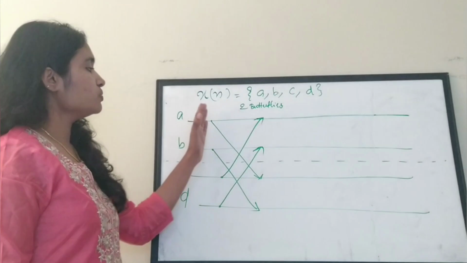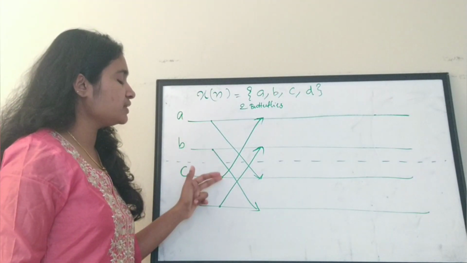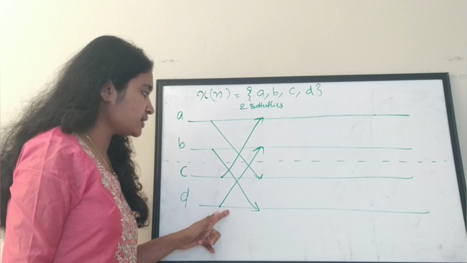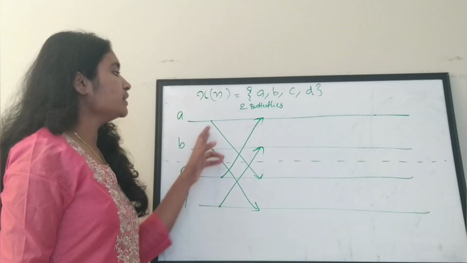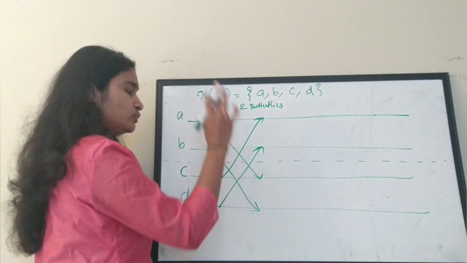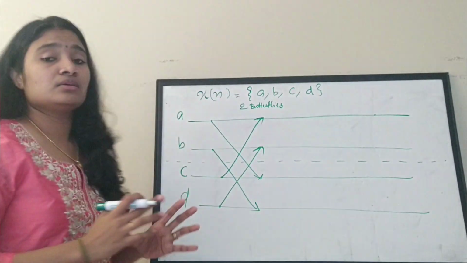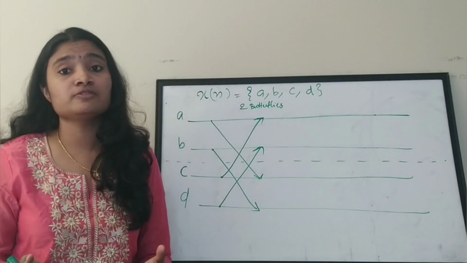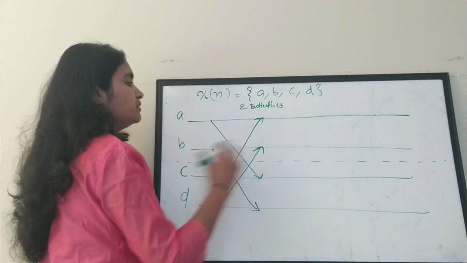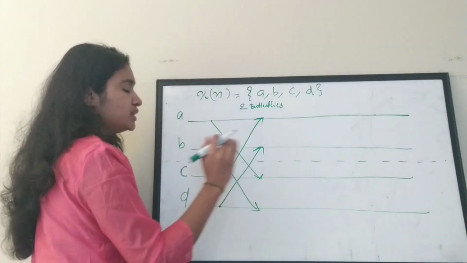Okay. So there are how many parallel lines there? There are 1, 2, 3 and 4 parallel lines here. And how many diagonal lines? 1, 2, 3 and 4. And all together, how many butterflies? 2 butterflies. Okay.